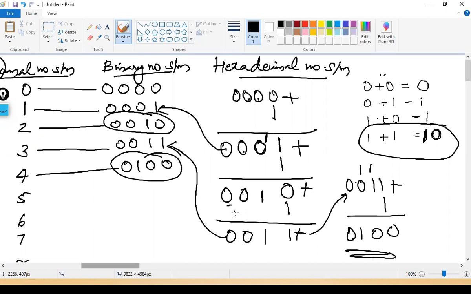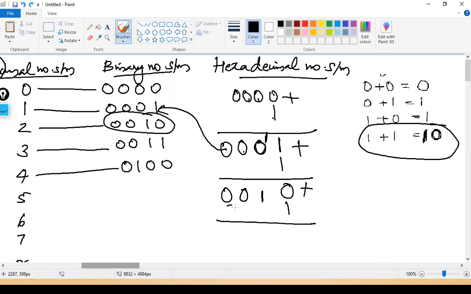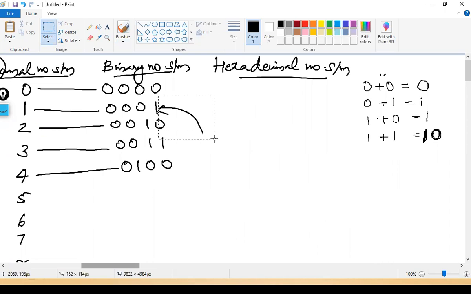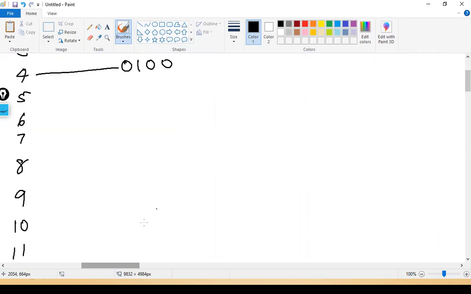Clear, guys? Okay. So now I want you to add these values like this. Keep on adding the values till you reach 1, 1, 1, 1.